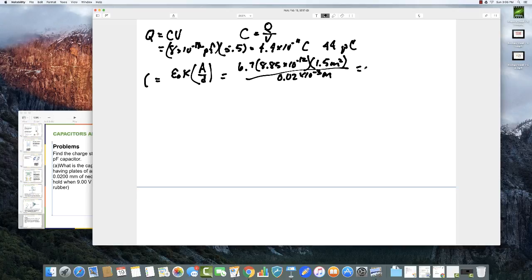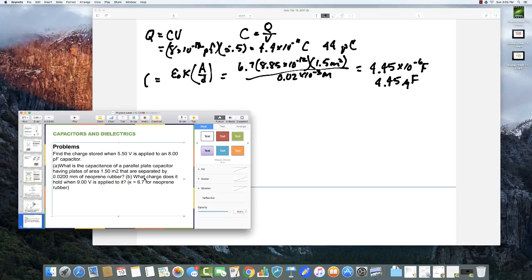And if you do the math here, you get 4.45 times 10 to the minus 6 farads, or 4.45 microfarads. Now the second part of this question: what charge does it hold with 9 volts applied to it?